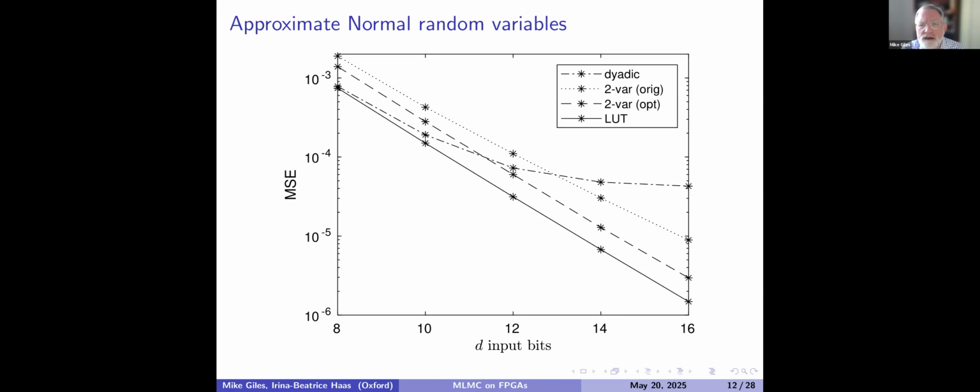And then the dyadic shows the effect of that method. So it works well with a small number of input bits, not so well for the higher bits because of the approximation error implied in the linear fit to the inverse function. So anyway, a number of interesting different approaches there.